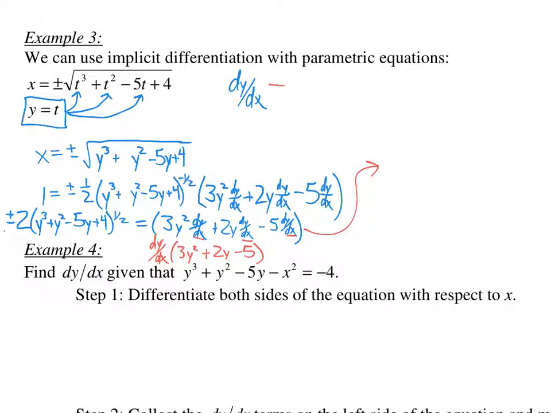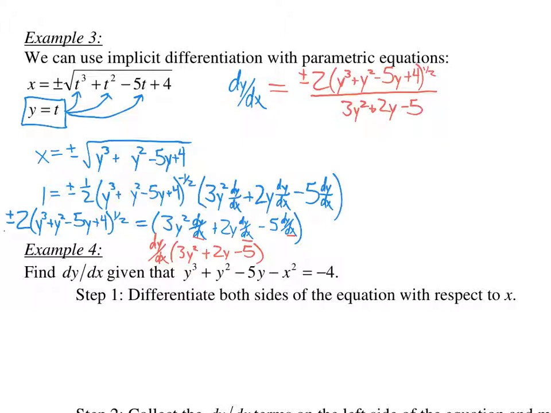So dy/dx equals, put it up here, dy/dx equals plus or minus 2 times y cubed plus y squared minus 5y plus 4 to the 1/2 divided by this set of parentheses here, the 3y squared plus 2y minus 5.